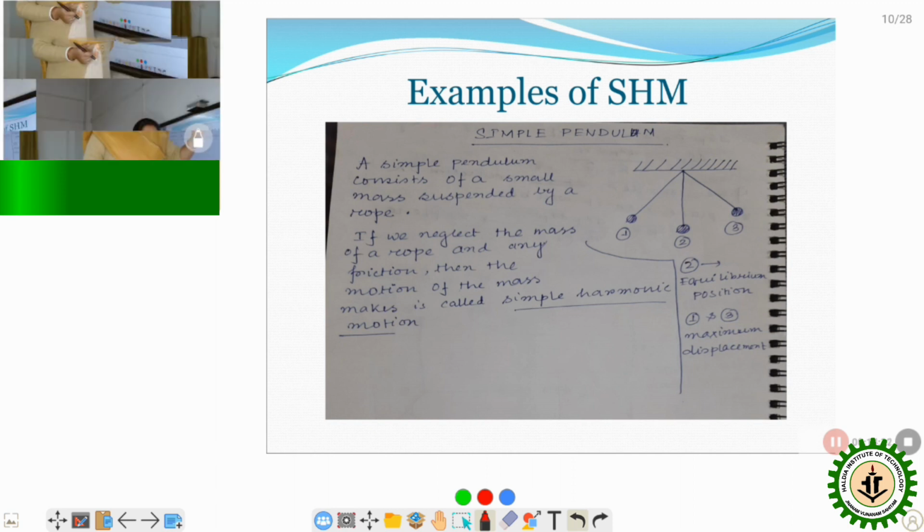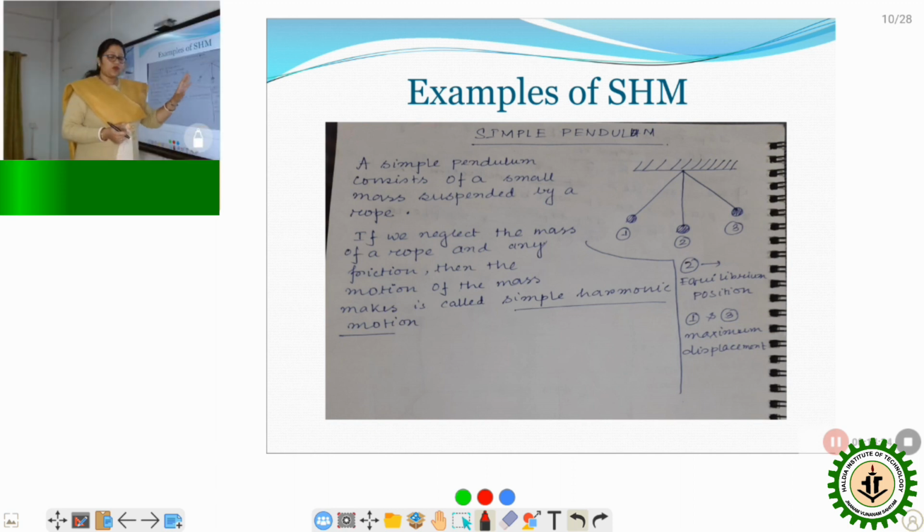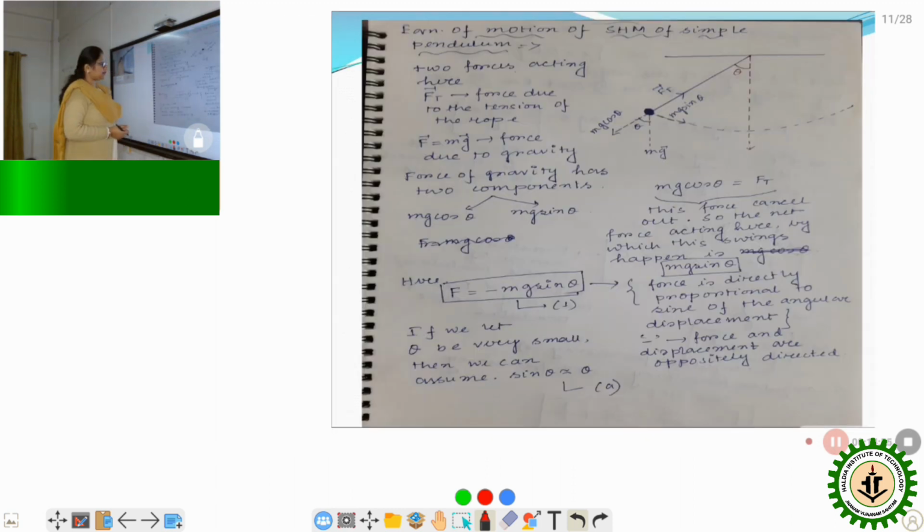Positions 1 and 3 are the positions where we give the maximum displacement. We neglect the mass of the rope, and we consider that there is no friction. So when we displace the simple pendulum, its motion will be simple harmonic motion.